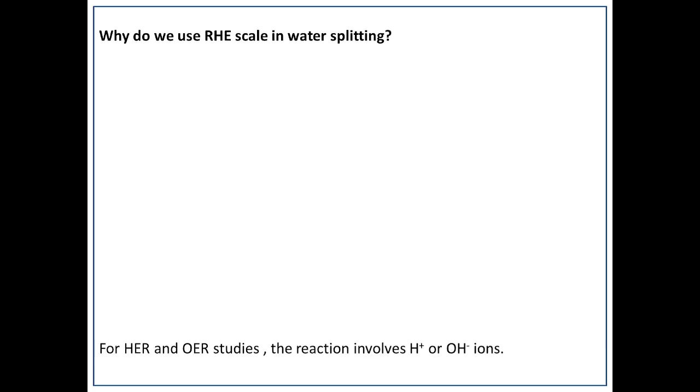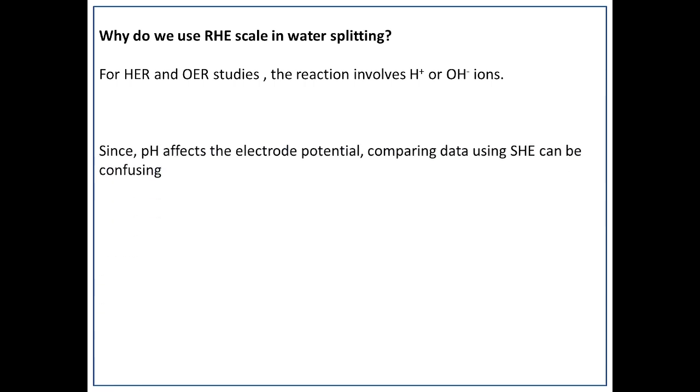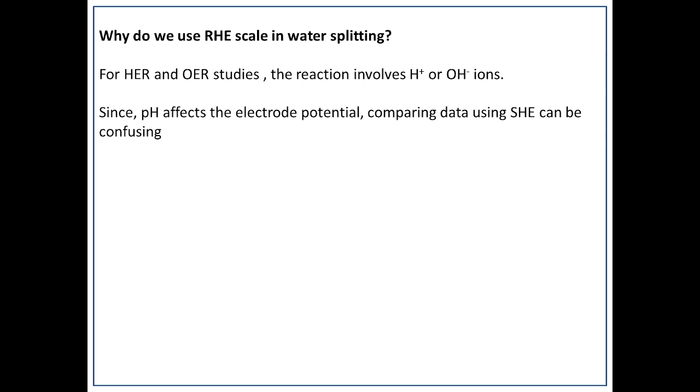Now the question is, why do we use the RHE scale in water splitting? Because in HER and OER studies, the reaction involves H plus and OH minus ions. Since pH affects the electrode potential, comparing data using the standard hydrogen electrode can be confusing.